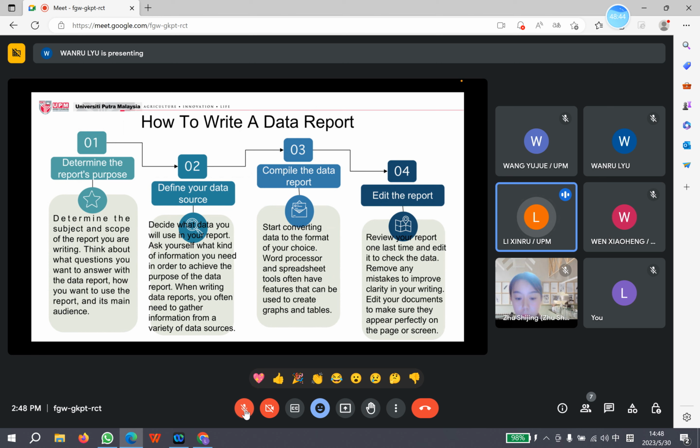When writing data reports, you often need to gather information from a variety of data sources. The next step is compile the data report. Start writing data into a form of your choice.